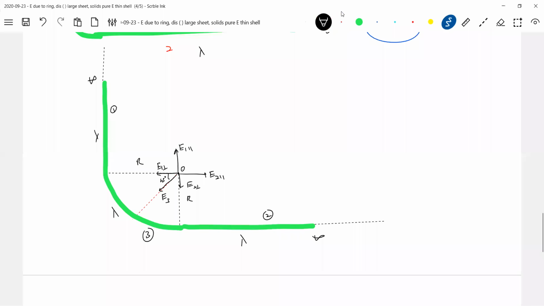The field will be only due to the quarter circular ring. Again, E1 parallel, E2 perpendicular, E1 perpendicular, E2 parallel will cancel out, leaving only the quarter circular ring. You know the quarter circular ring. What should be the formula? 2G lambda by r sine of pi by 2 by 2.